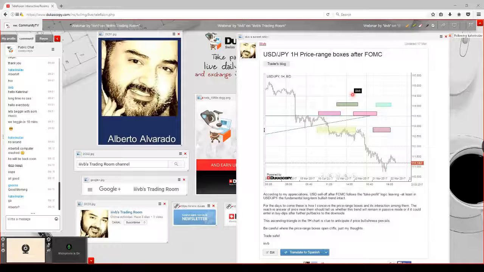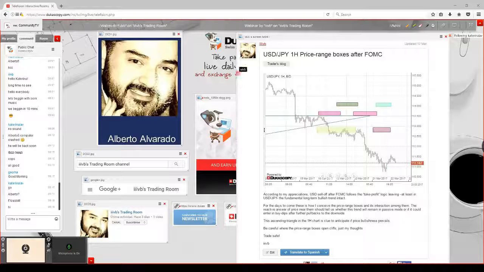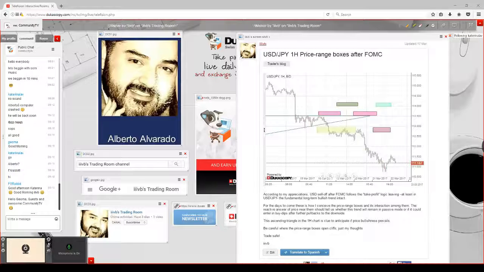We're going to review my latest update on Friday the 17th on the potential setup for dollar-yen, my long-term perspective bullish. After the FOMC, I updated in the Traders blog post this chart where I put the expected potential price action relationships and price boxes relationship among each other that would result in an eventual movement up or down, and we're going to review that.